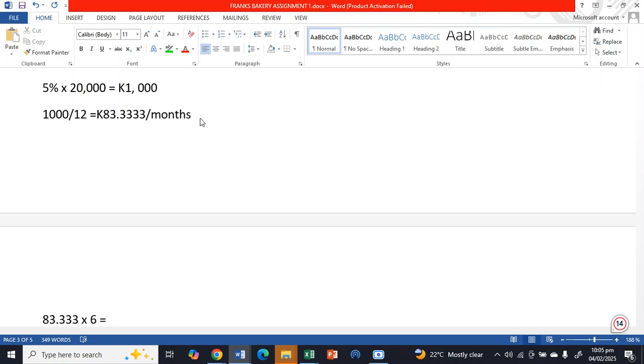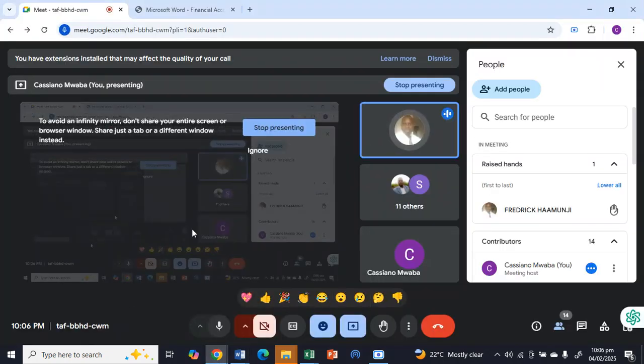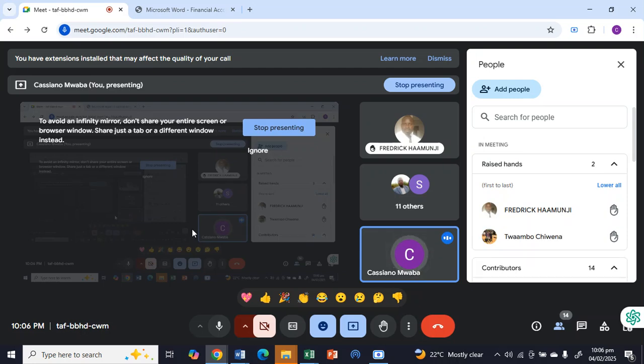Any questions? The loan began mid-year, so we are not going to pay the full interest amount for that year.